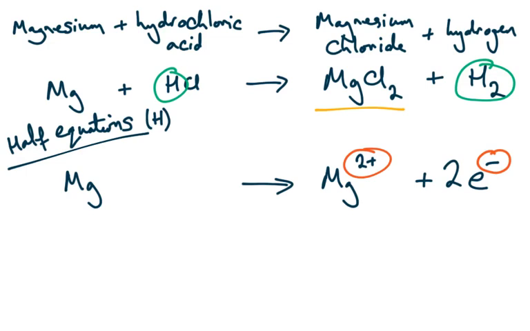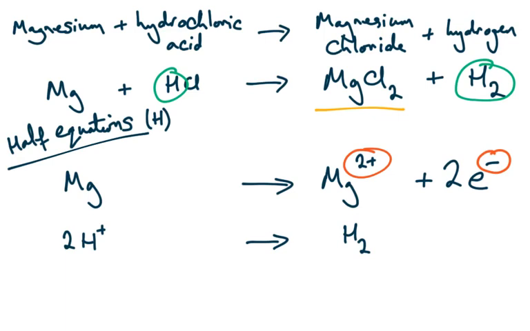So in this case, I've got my hydrogen ions and they're becoming a hydrogen molecule. Because I've not got this quite balanced, with 1 hydrogen ion going in and 2 hydrogen atoms coming out, I need to first of all make sure this equation is balanced. So now I've got 2 hydrogen ions going in, 2 hydrogen atoms coming out.